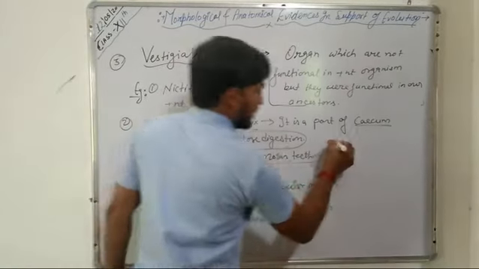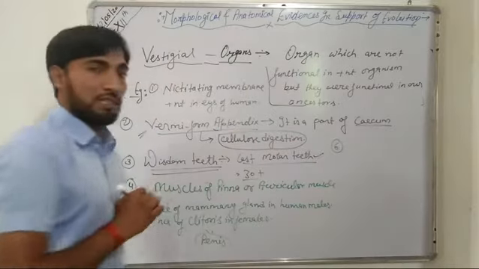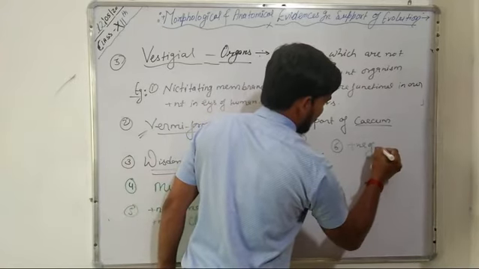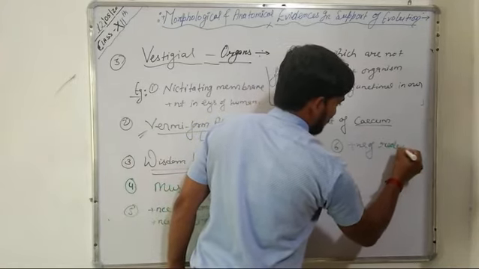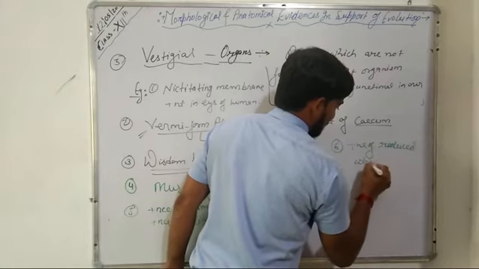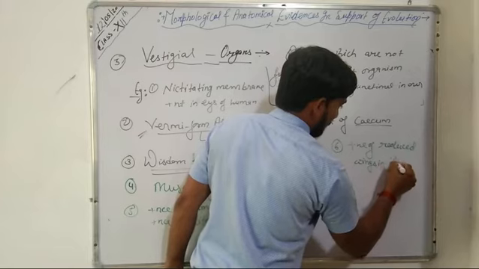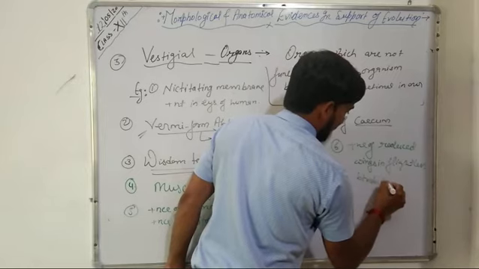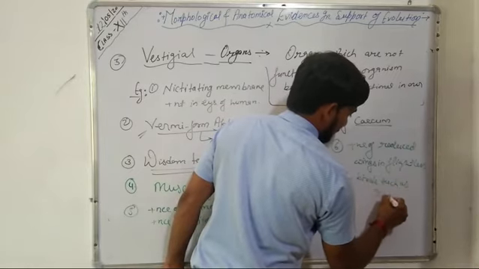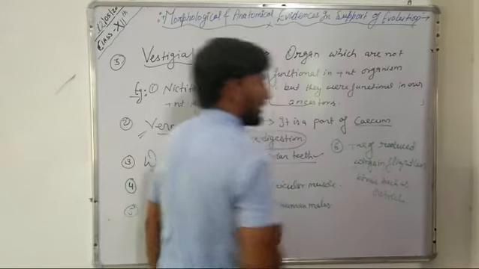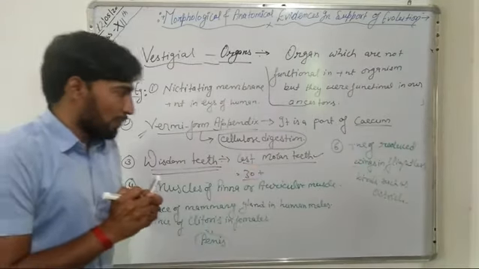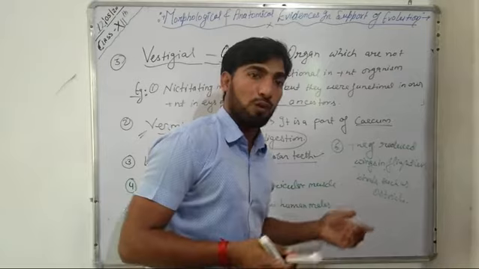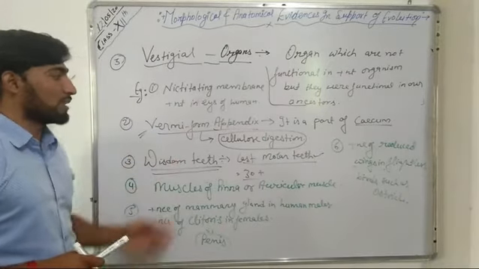Now the sixth example of vestigial organs is the presence of reduced wings in flightless birds such as the ostrich, because these wings are non-functional and not used for flying. So all these are examples of vestigial organs.